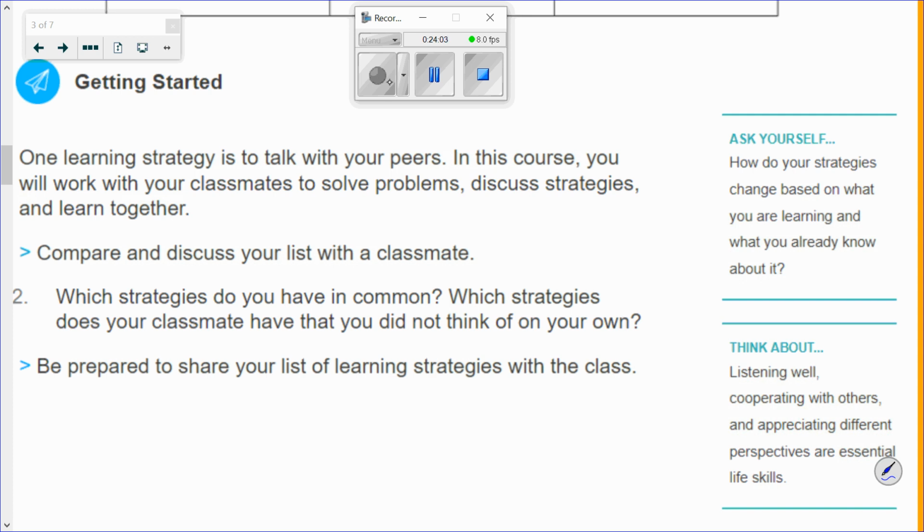So a couple more. Maverick. Liam. Austin. Couple of side notes on this one. How do your strategies change based on what you are learning and what you already know about it? Think about listening well, cooperating with others, appreciating different perspectives. These are all essential life skills. So even though in math you always think about numbers, these are some of the skills you learn in math that are going to apply to everything you do in life.